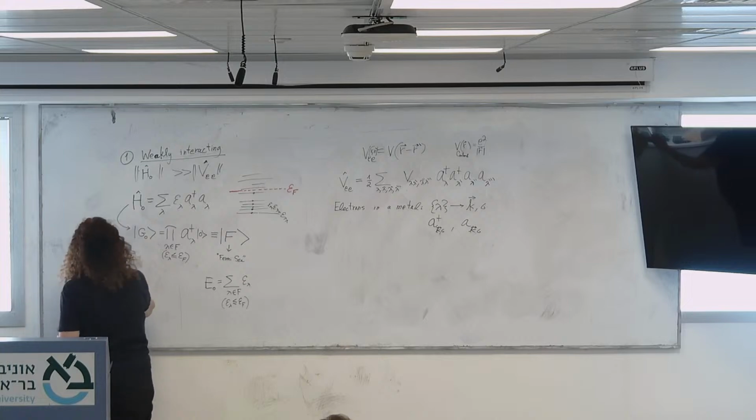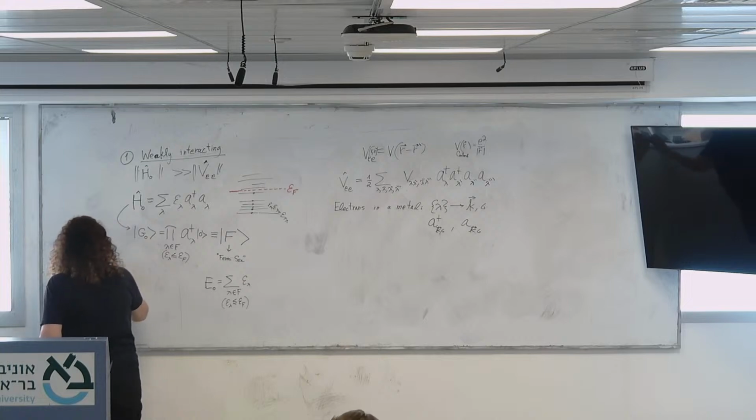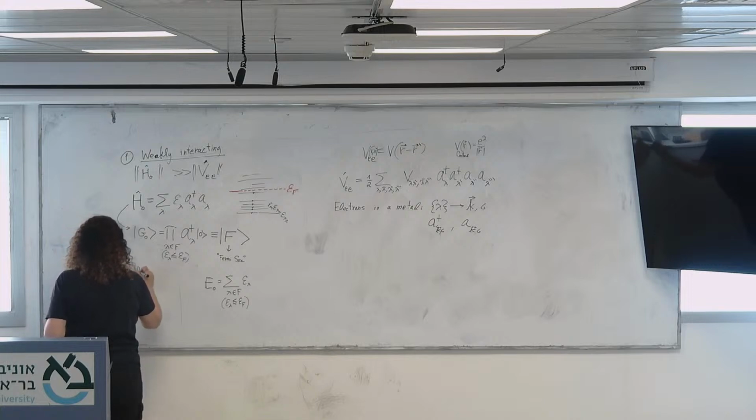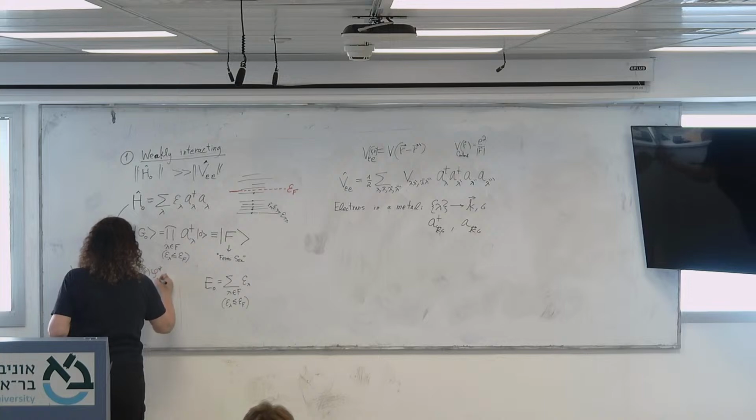Okay, so it's an integral over r and r prime of phi lambda star r, phi lambda prime r prime.